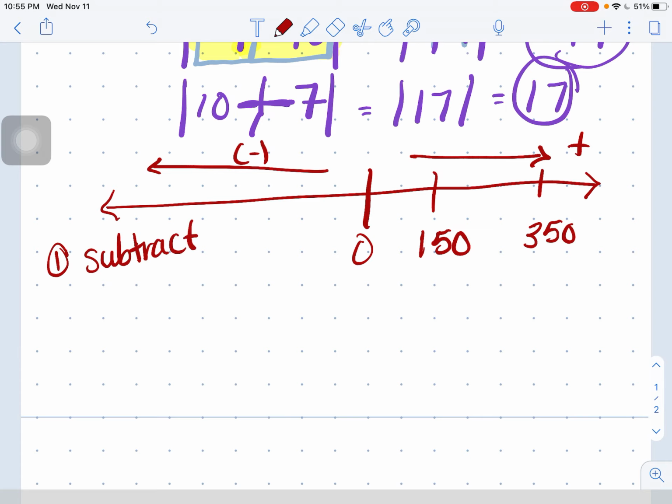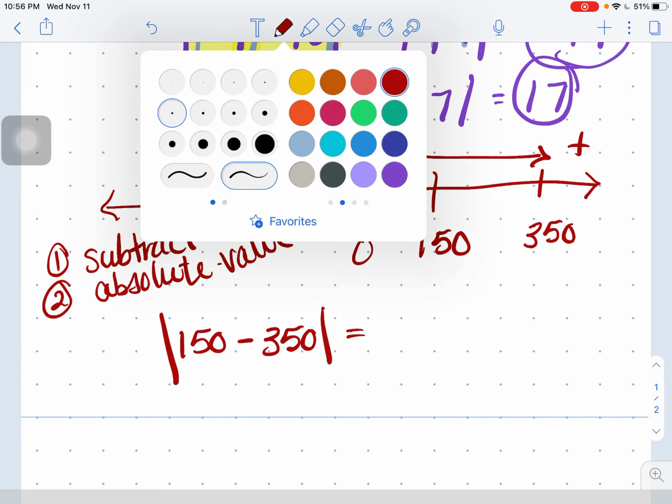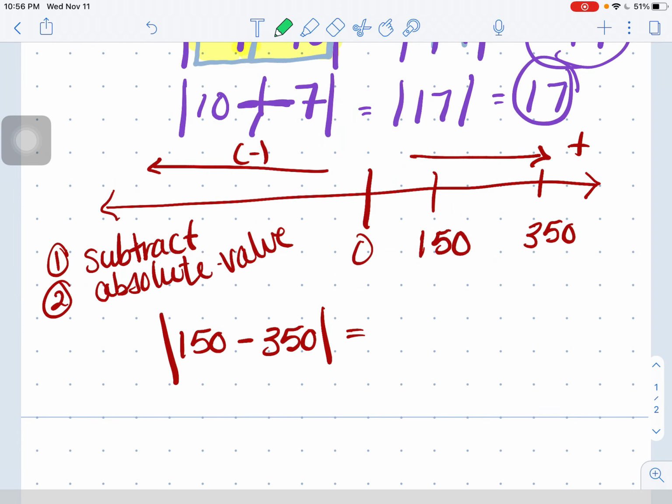So I'm going to write my numbers down. 150 minus 350. And then 2, we're going to find the absolute value. Absolute value bars.